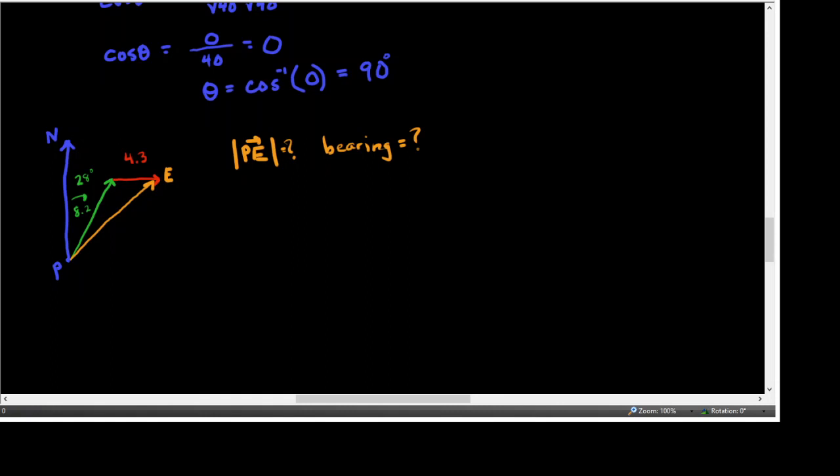Okay. So, with what we know, if I were to sort of draw in this easterly line so that it intersects the north line, we know that the west-east line and the north-south line meet at a right angle.